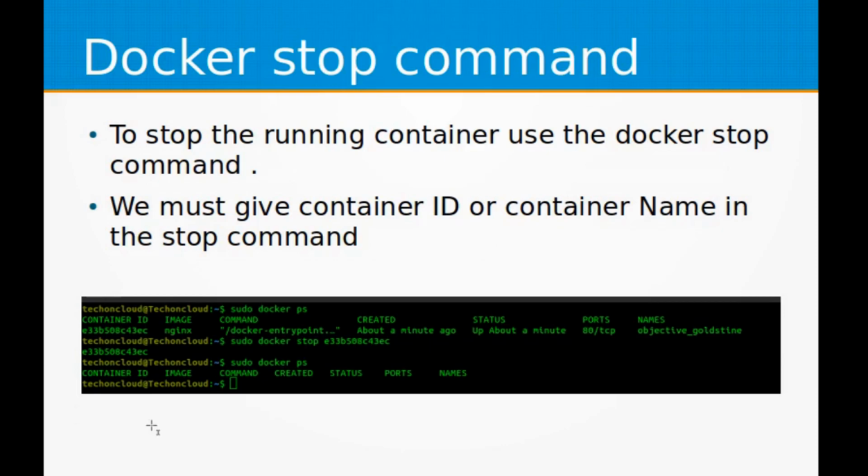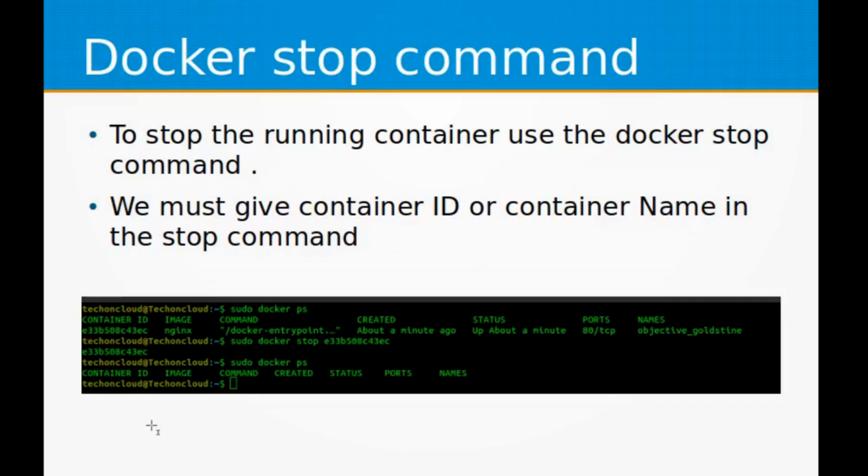So as the name suggests, the docker stop command is used to stop the running container. Okay, we must give a container ID or a container name in the stop command in order to stop the container. Okay, so if you see on the screenshot, sudo docker ps gives me the name of a running container.